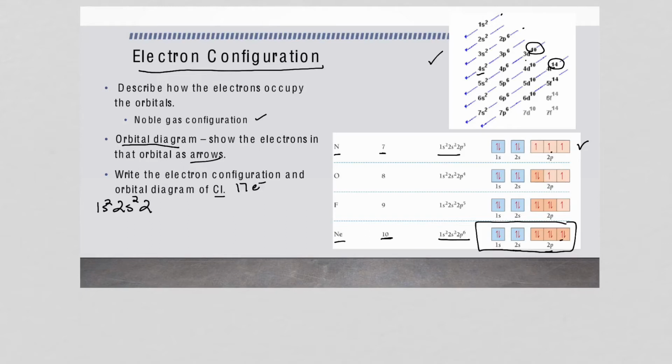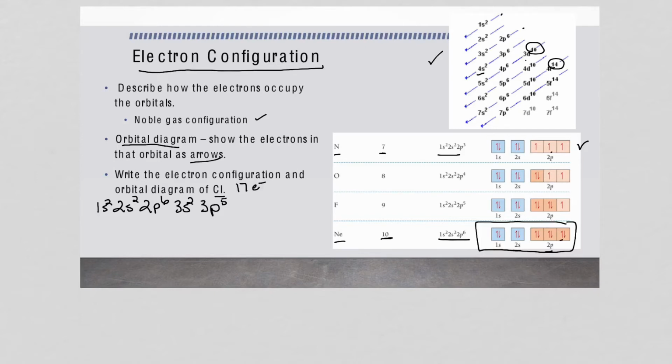Next we go to the 2p, we have 6. Now, we've used 10, we still have 7 more to go, so after the 2p, we go to the 3s, and we fill up those 2. After the 3s comes the 3p. We have 5 electrons left, and those 5 electrons will go into the 3p. So we end up with 1s2, 2s2, 2p6, 3s2, 3p5 for our 17 electrons.